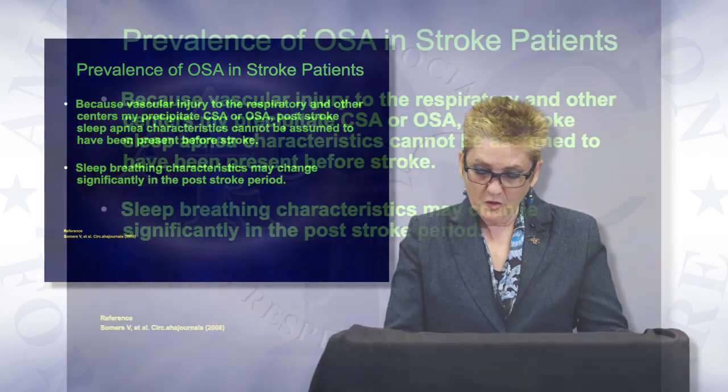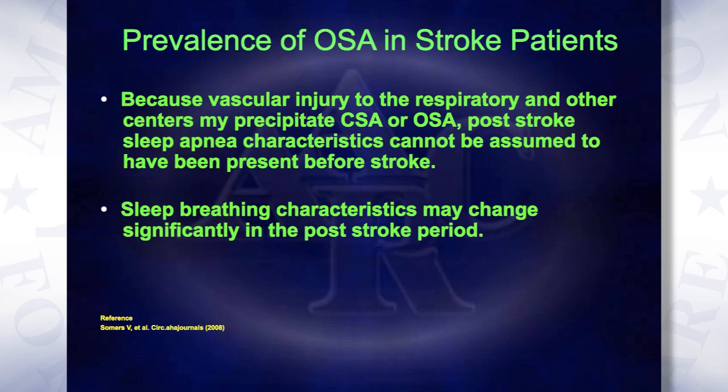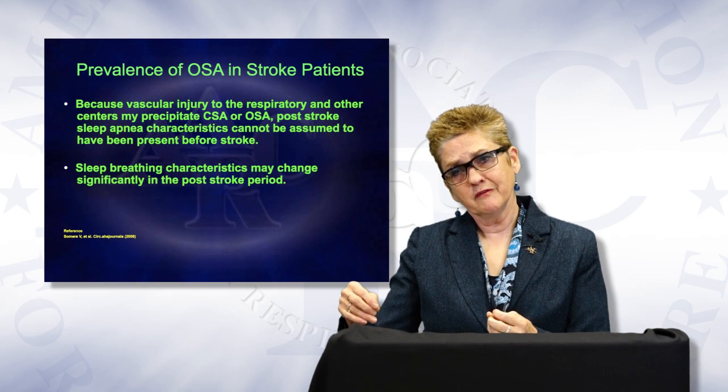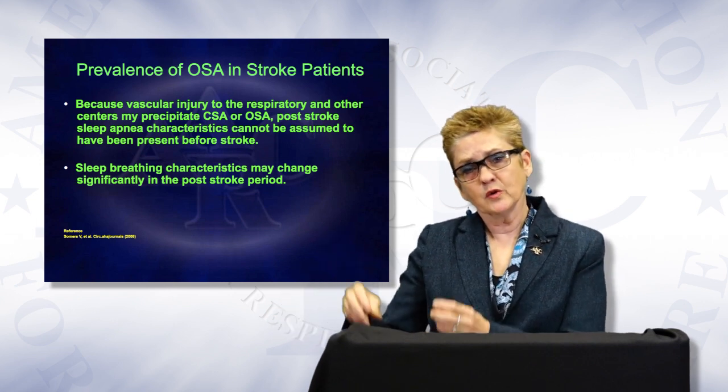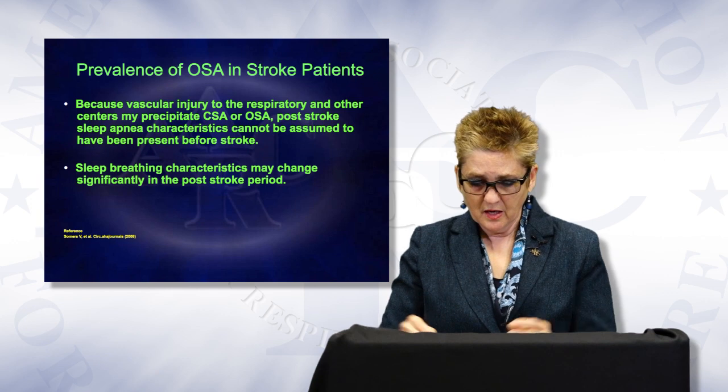Just a little bit about stroke now. Because OSA occurs in stroke patients, with a vascular injury, the respiratory and other centers of respiration can be affected, so central sleep apnea and OSA can happen post-stroke. And there are studies out, not knowing if the sleep apnea caused the stroke or the stroke caused the OSA.